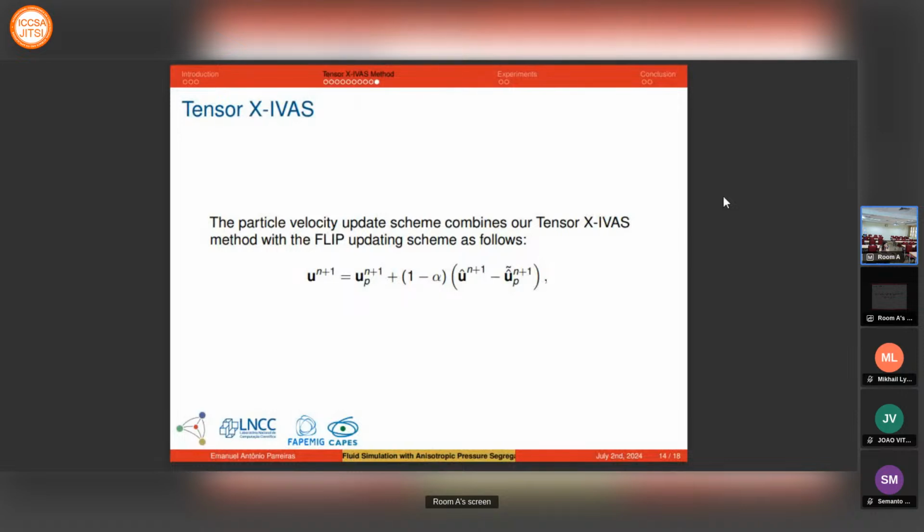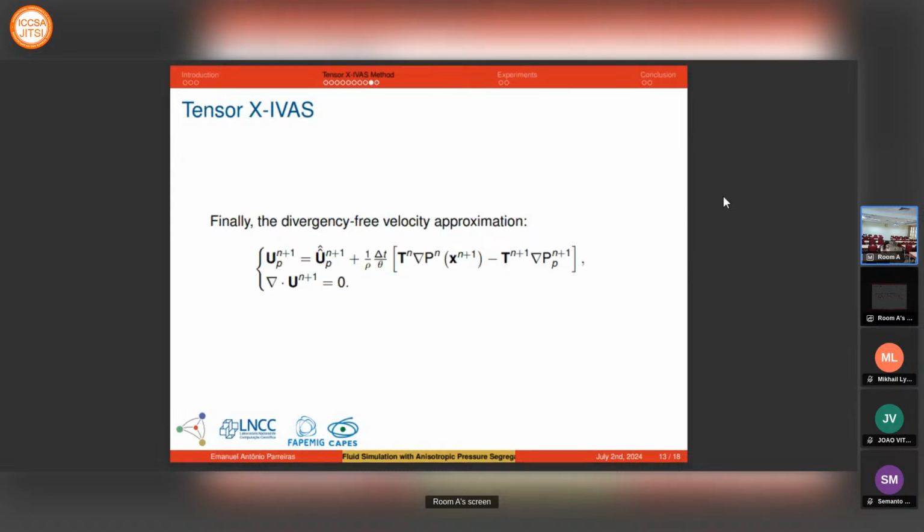To update the particle velocity, we also introduce one more modification. In the original method, we don't have this modification: alpha is equal to 1. So the particle velocity is equal to the velocity we calculated in the last slide.